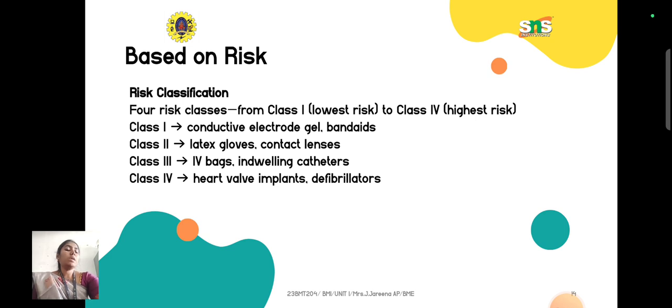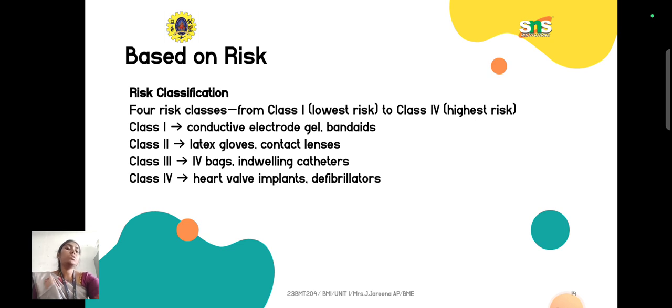Even though they don't impose a great risk, they give some risk to people if the contact lenses or gloves malfunction or become improper or incorrect. And class 3 is IV bags and intravenous catheters. These are things which go inside our body, the invasive type.